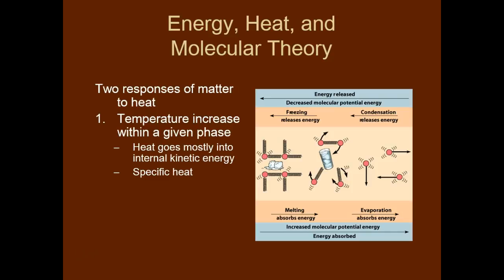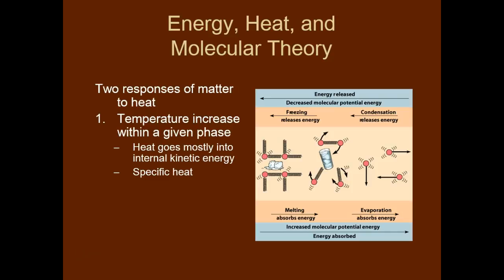Well, then the next thing, right then, all you're doing by adding temperature is making the molecules vibrate faster. They're in a solid, they stay in the solid, they just vibrate faster until finally it reaches a place where they start breaking away and the ice becomes a liquid.